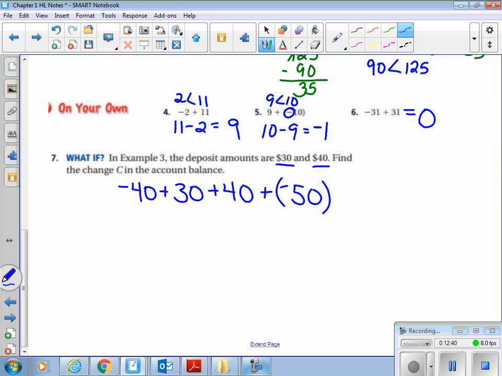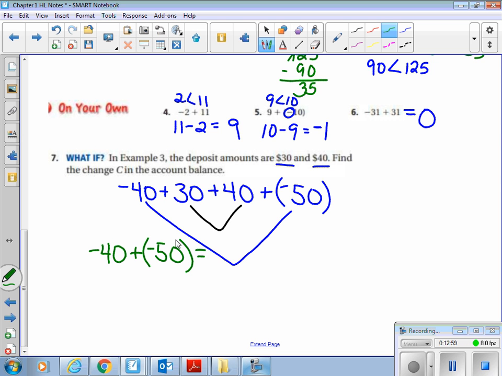So again, the best way I feel like this would be to add the ones with the same sign, so my negatives and my negatives, and then my two positives. So negative 40 plus negative 50 have the same sign. We add the numbers. 40 plus 50 is 90, and keep the sign, which would be negative.